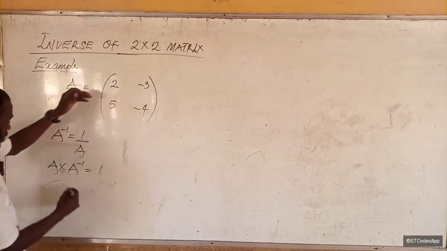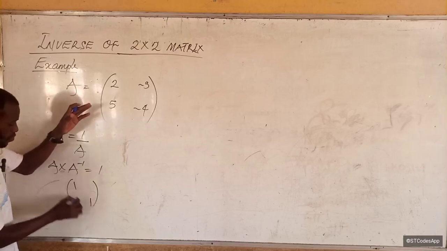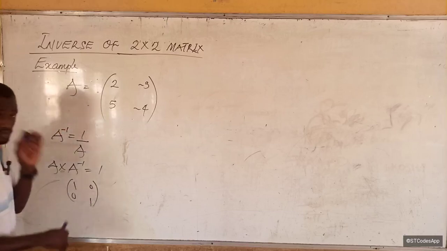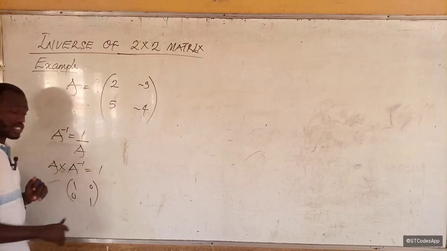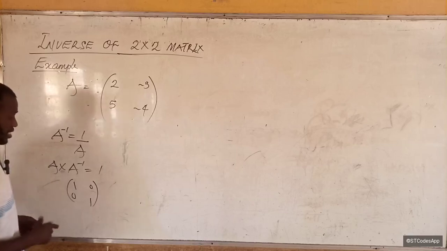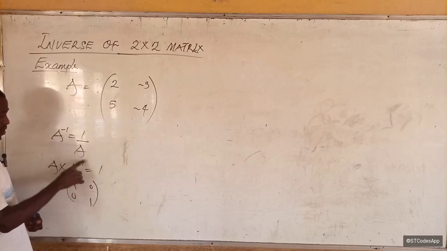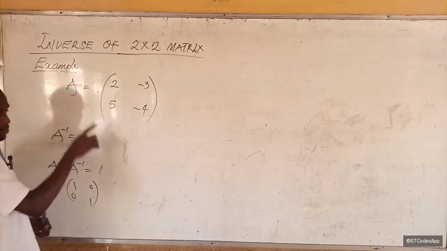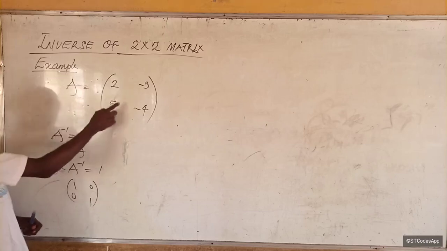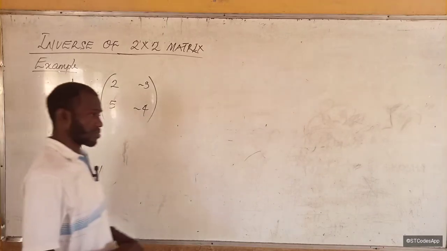For a 2 by 2 matrix, our identity matrix has 1 in its main diagonal and 0, 0 in the other diagonal. So to prove that we are correct, when we multiply this matrix A by its inverse we should get an identity matrix. All right, let's do that.